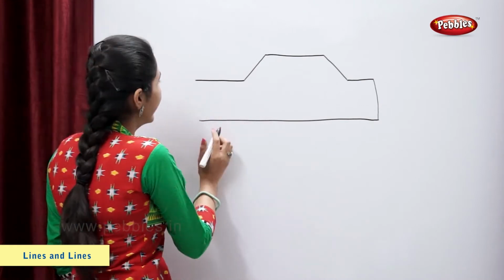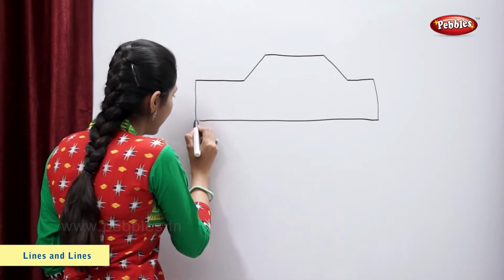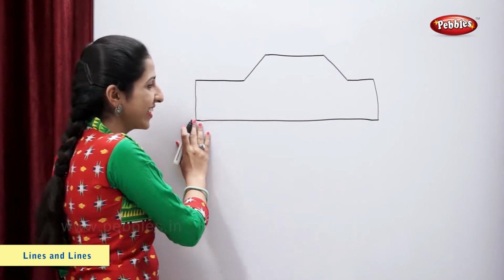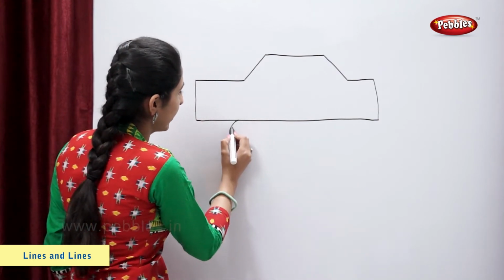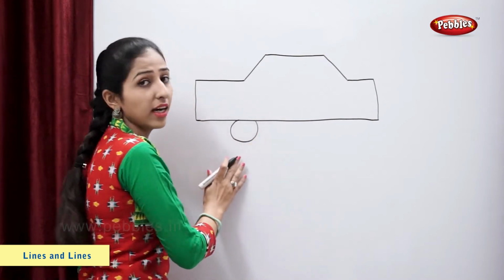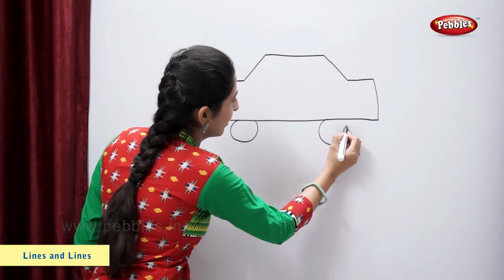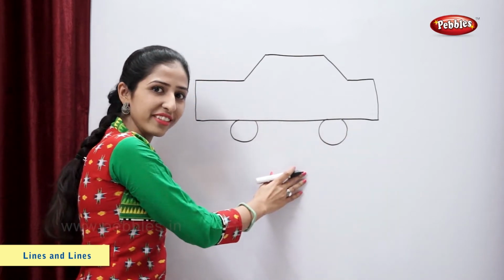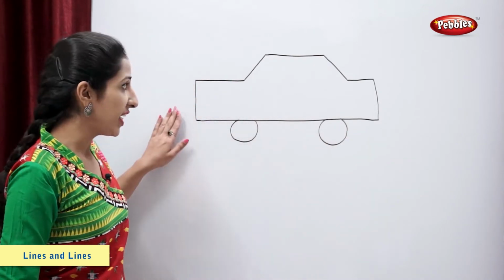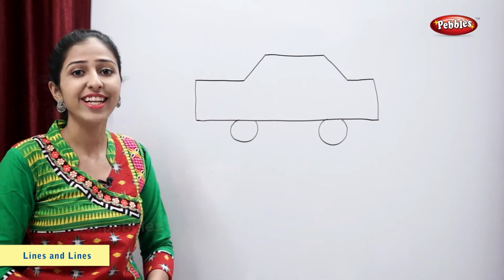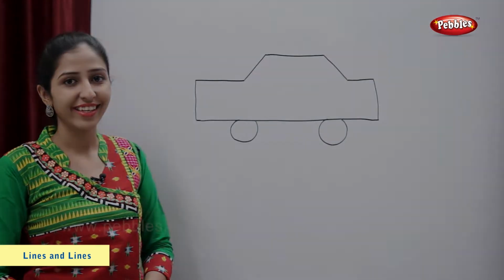Sleeping line. Standing line. A curve. Another curve. So, we have drawn this car using lines and curves.